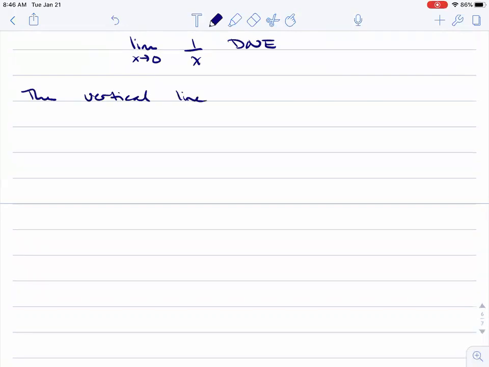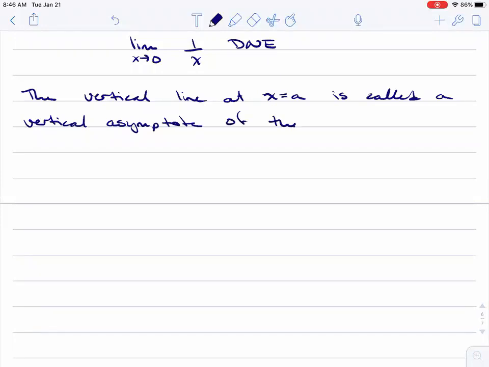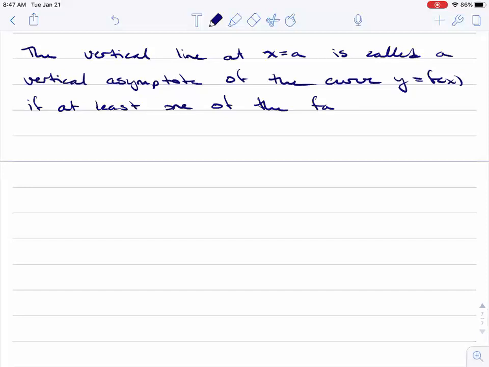The vertical line at x equals a is called a vertical asymptote of the curve y equals f of x if at least one of the following statements is true.